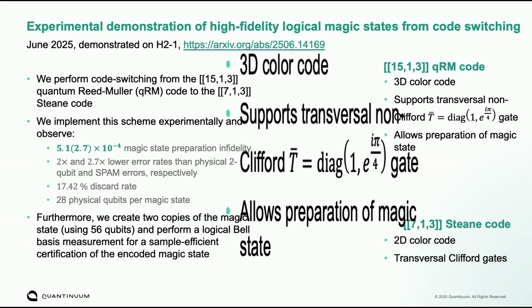And we had about a 17% discard rate, and this gave us 28 physical qubits per magic state. And so since we have 56 qubits in the trap, we could actually make 2 copies of this magic state and then perform logical Bell basis measurements to certify the encoded state more efficiently.